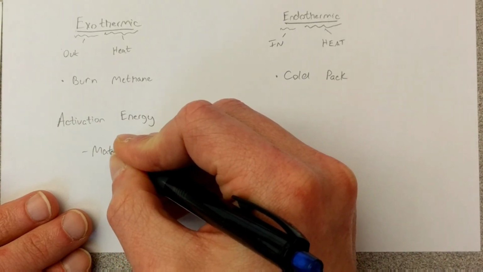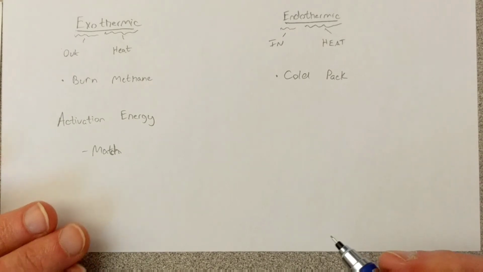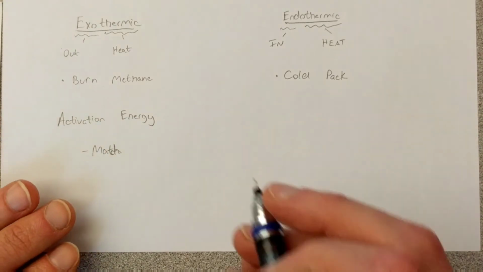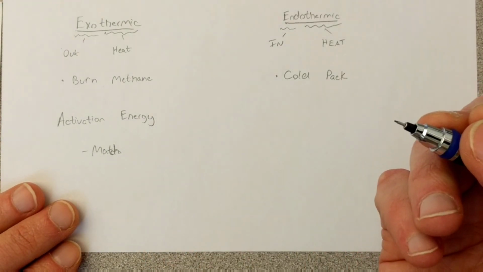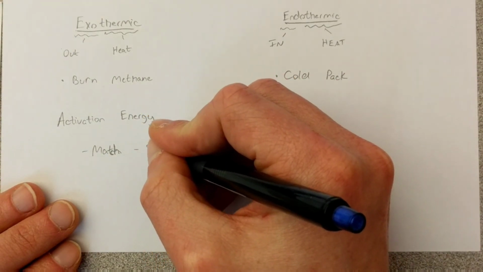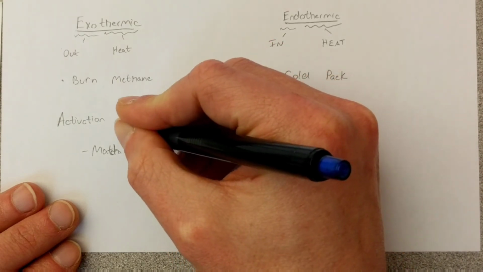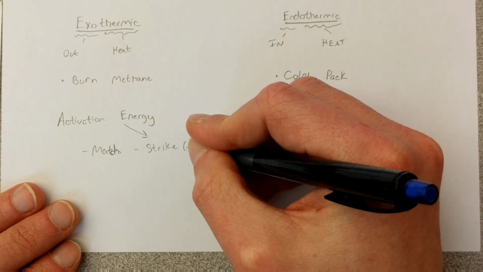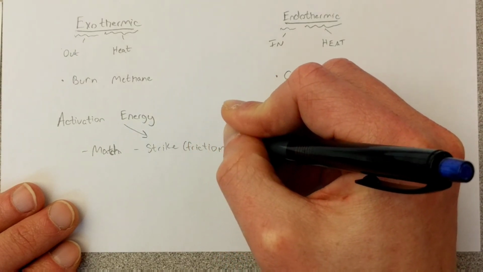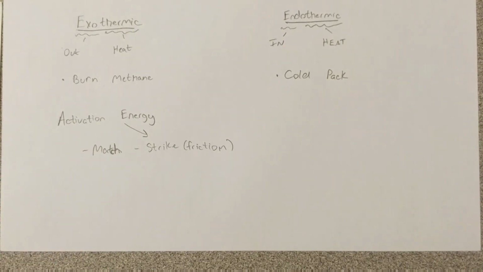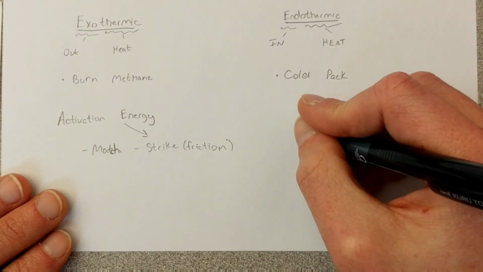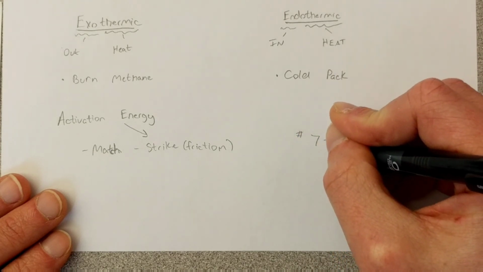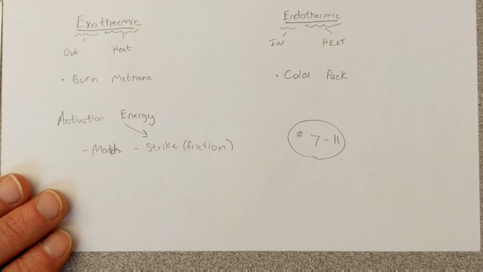A match has all the ingredients it needs to start on fire on the very tip of it, on the very edge of it. However, it won't start unless you strike it. When you strike it, that is the activation energy in the form of friction. At this point, you should be able to answer numbers 7 through 11 on your study guide.